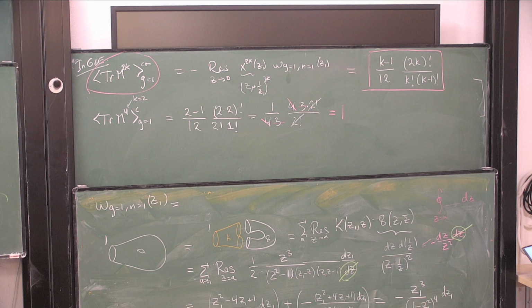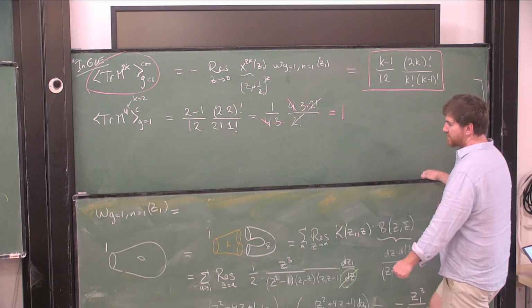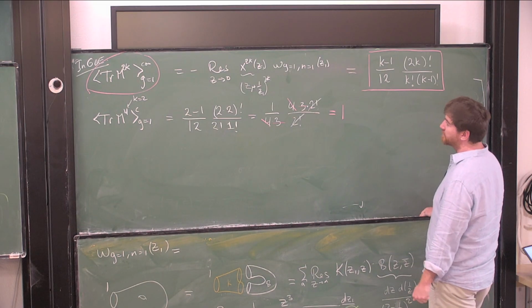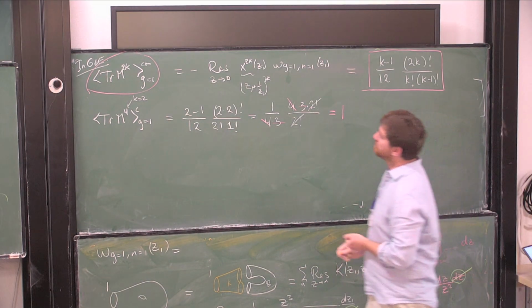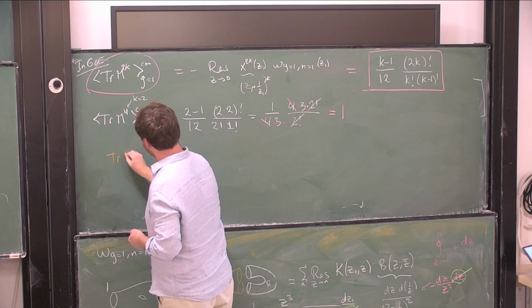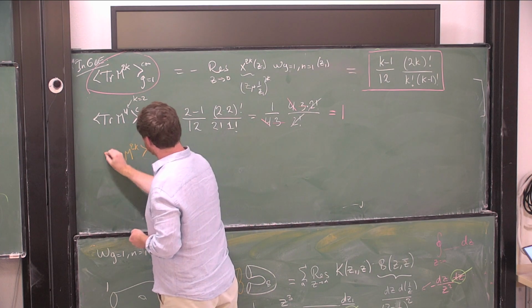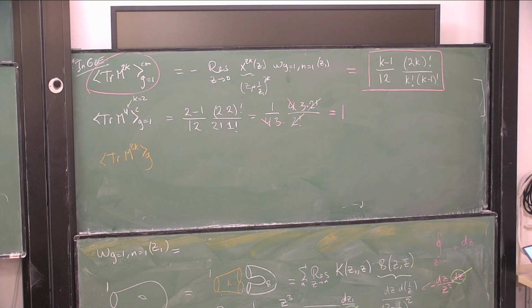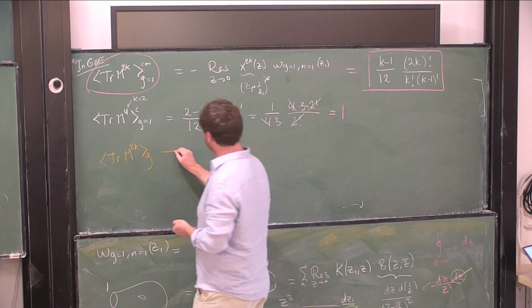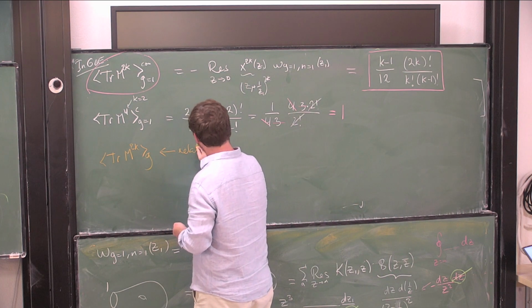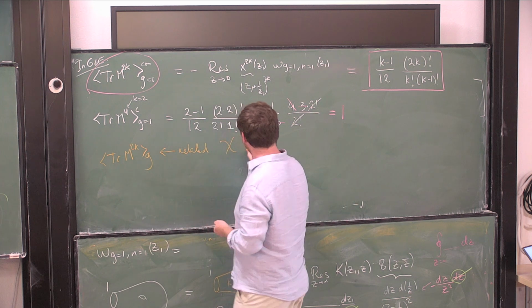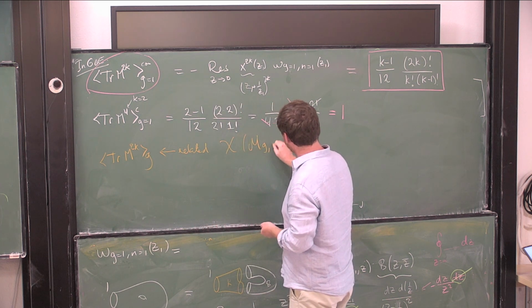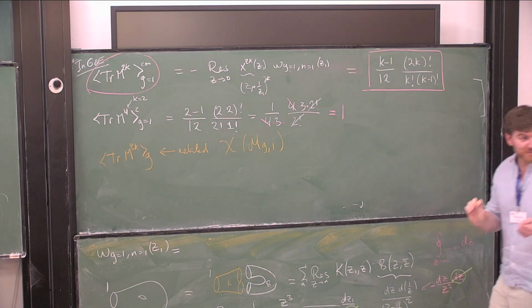I'll let you in on one little cool thing. This is actually a famous result in math for very different reasons. The single trace of M to the 2k at generic genus g had actually been computed via some very hard combinatorial work by Harer and Zagier, and it was related to the Euler characteristic of the moduli space of one-punctured Riemann surfaces.